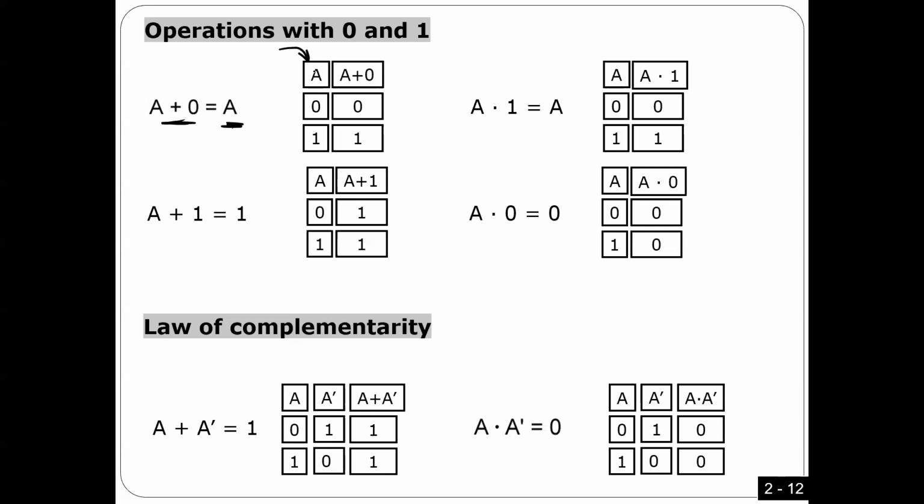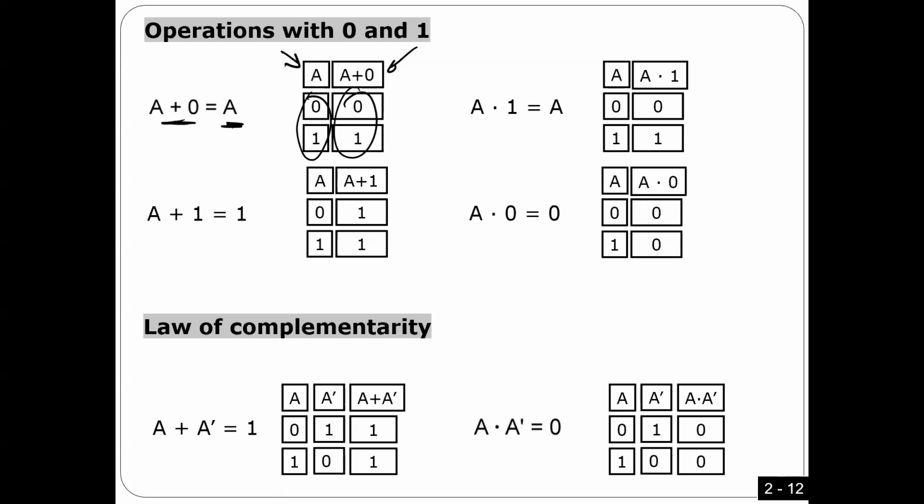Here I have one column for variable A. For A, I have only two possible cases, 0 or 1, and then I make another column for A or 0, as you see here. So this is A or 0, and this is A. I can say these two are equal if the two columns are identical.